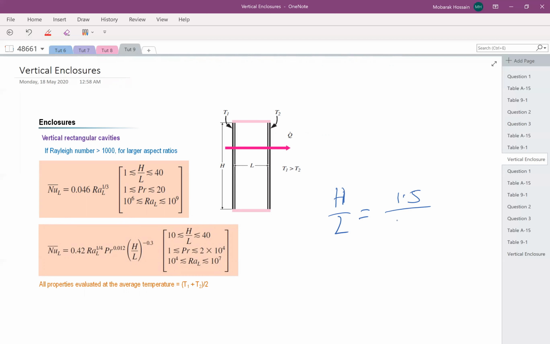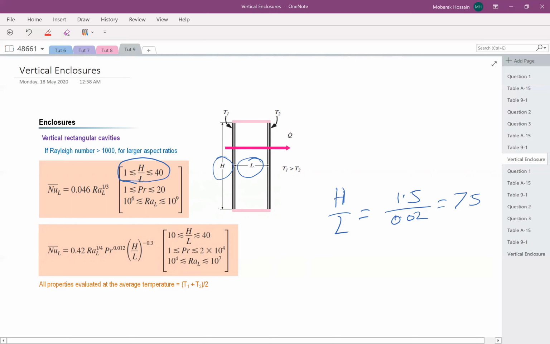Now here characteristic length is 0.02, the air gap, this height and this distance length is 0.02, so ratio will be 75. Now for these ratios, you can see there is one formula if the ratio is 1 to maximum 40, but ours is 75. There's another formula, this one, with range given 10 to 40.